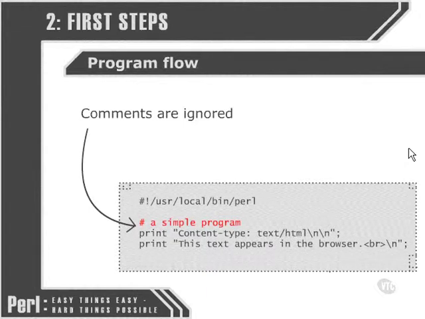But as we write longer and longer Perl scripts, we'll find comments become more and more valuable, especially when we come back to our code 2 years down the line and we had no idea what we were trying to do without taking a look at some comments that we'd left for ourselves as kind of hints as to what we meant to do and what we expected to happen when that program was run.